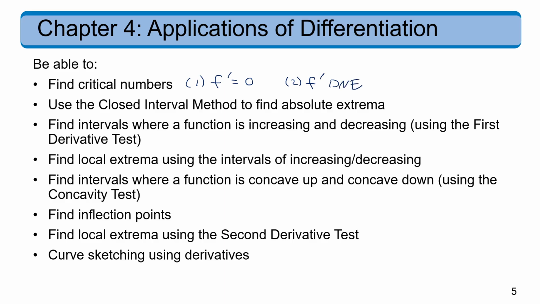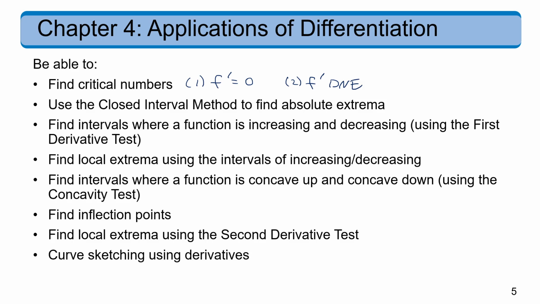Any values of x that do either of those things, those x's would be critical numbers. And remember, the importance of critical numbers is to help us find local extrema, which we'll get to in just a minute.